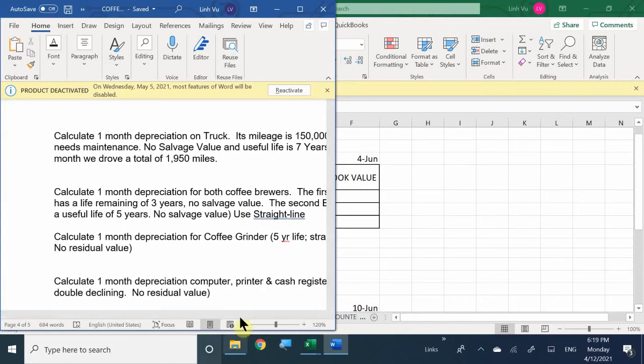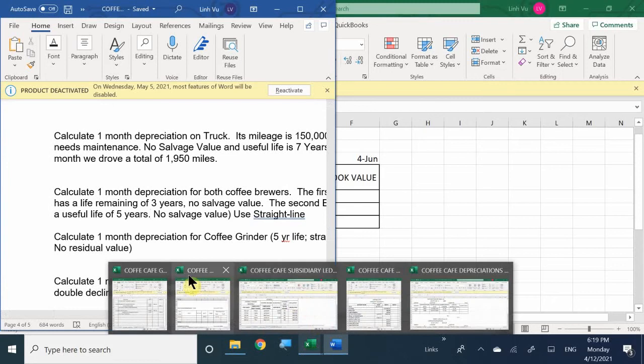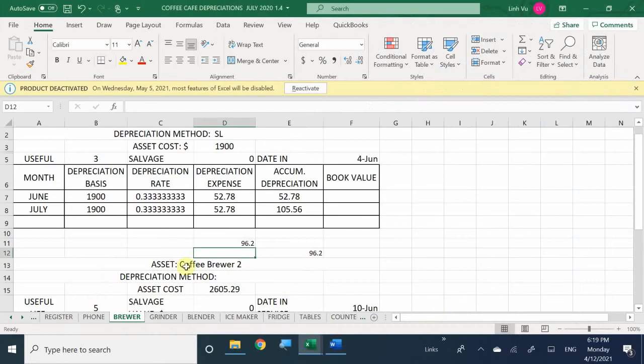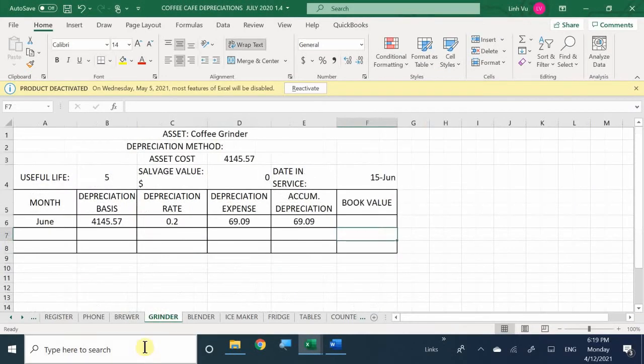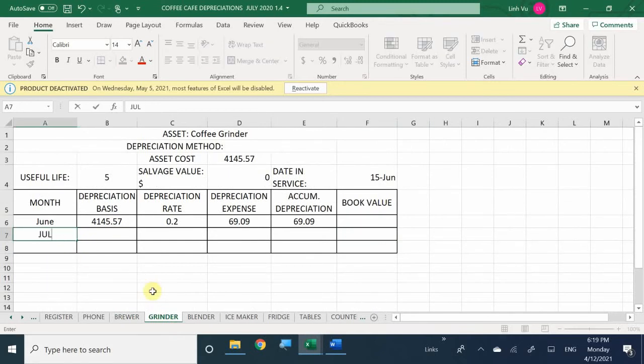So once again, if my coffee brewer was exactly like that, then since we're using straight line for the grinder as well, we can automatically assume that for the month of July, the depreciation basis is going to stay the same, the rate's going to stay the same, and my monthly depreciation expense will also stay the same. So here we are once again with $69.09 for my coffee grinder.